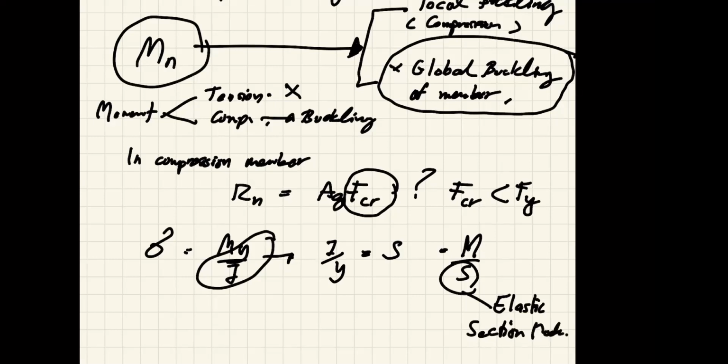But the thing is that many people have discovered that after the yielding occurs, let's say if you can reach Fy, if your stress becomes Fy, your nominal moment becomes, you move S to this side, okay? It becomes Fy times S. But this is when the yielding occurs.